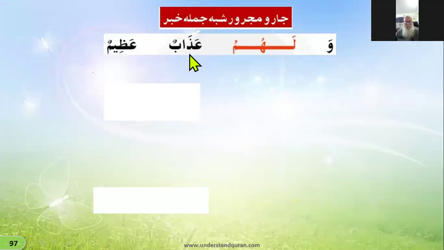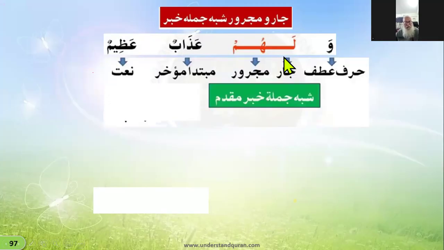Another example, walahum azabun azim. Wa is a harf. Lahum jar majrur, coming in the beginning. Shibe jumla khabar. Azabun mubtada muakhar. So it's nakira. Azimun it's sifa. So harf ataf, jar majrur shibe jumla khabar muqaddam. Azabun mubtada muakhar.